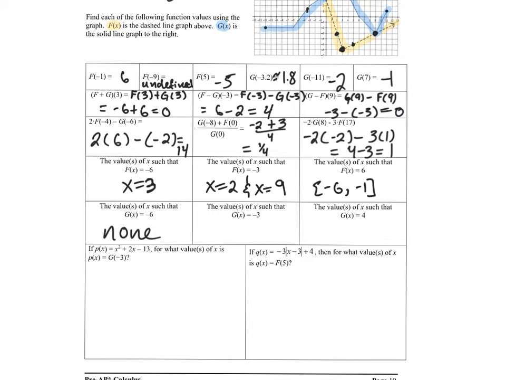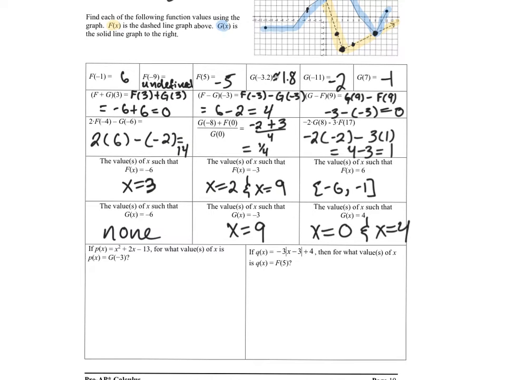And then when y is negative 3, it's when x is 9. And when y is 4, we have 2 points, when x is 0 and x is positive 4.